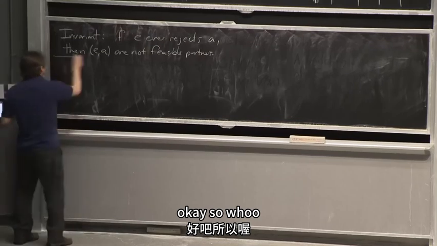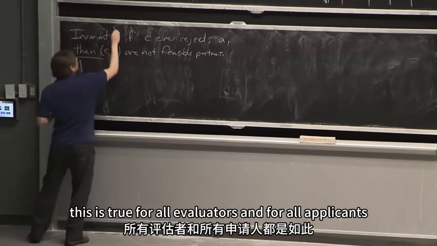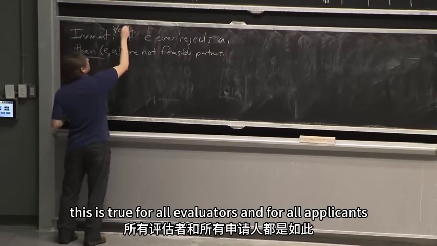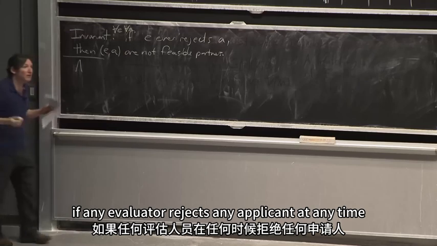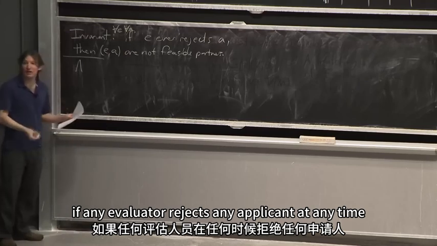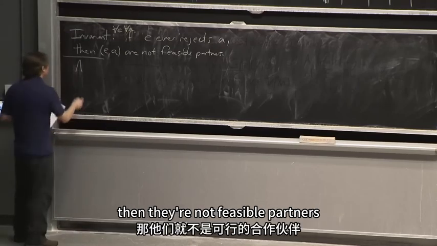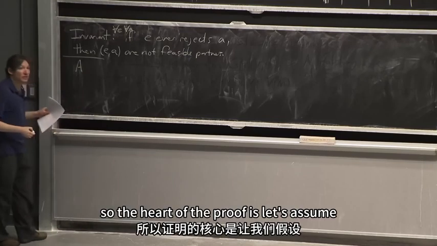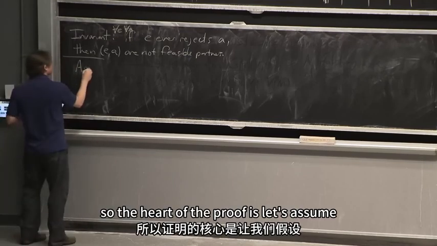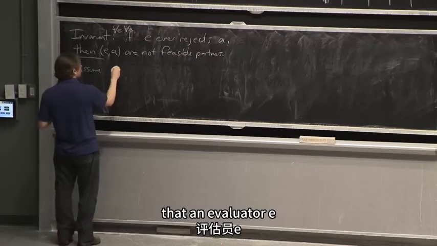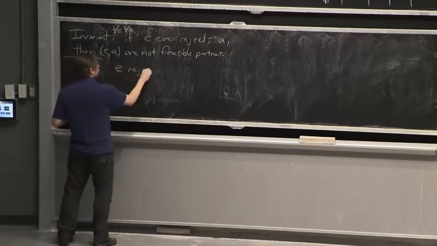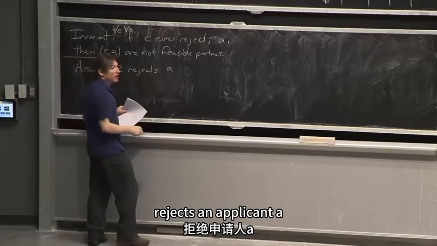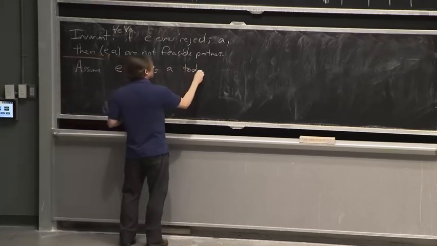Also, this is true for all evaluators and for all applicants. If any evaluator rejects any applicant at any time, then they're not feasible partners. So the heart of the proof is, let's assume that an evaluator E rejects an applicant A today.